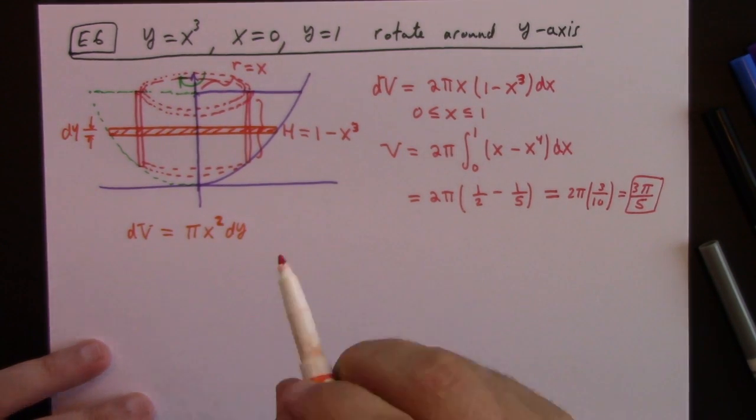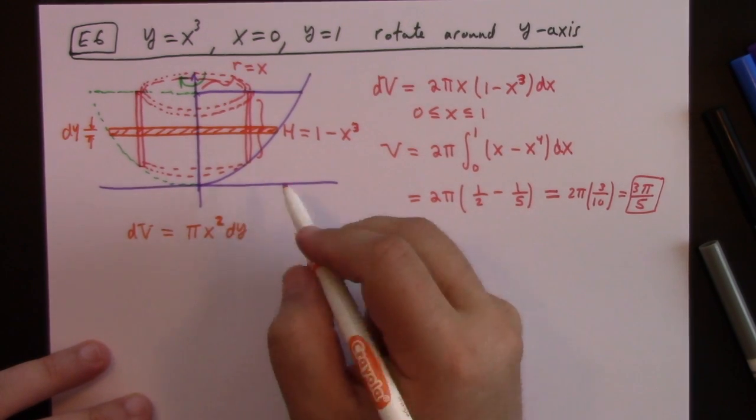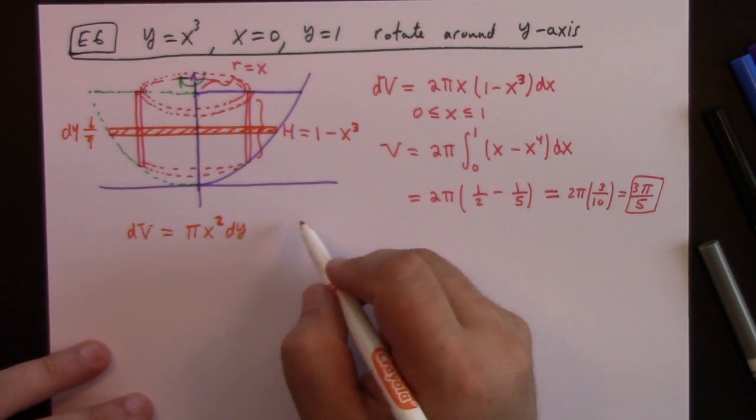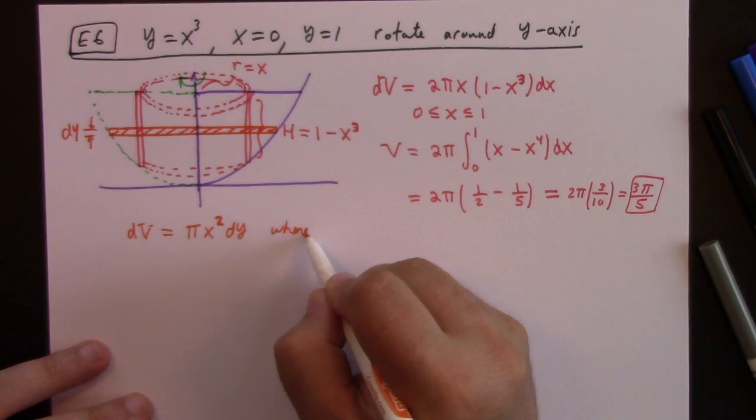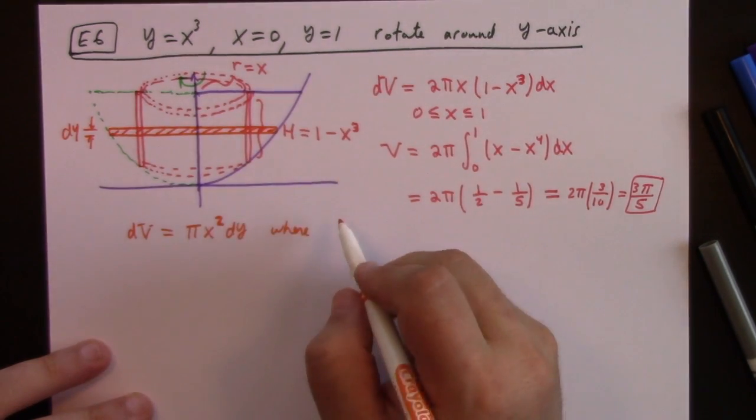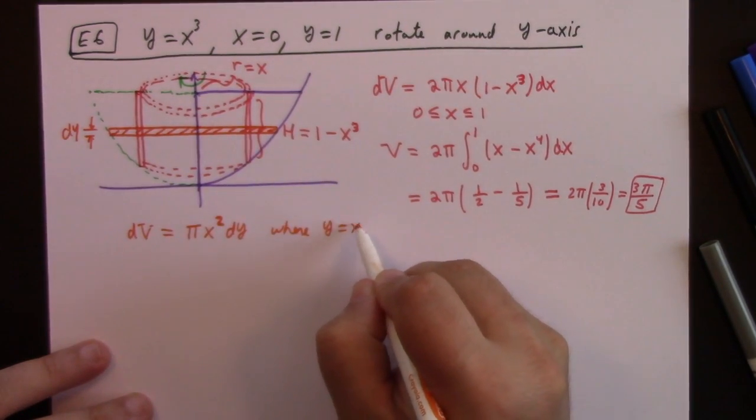But what is x? Well, this x squared is given by the cube, right? Where y is equal to x cubed.